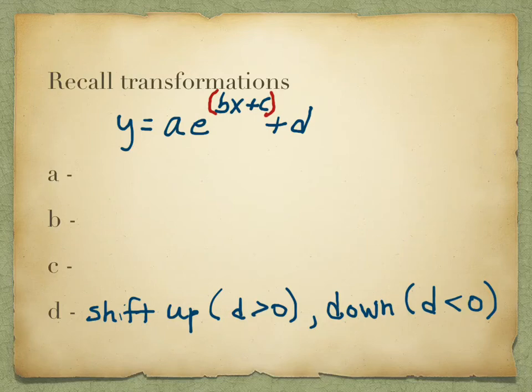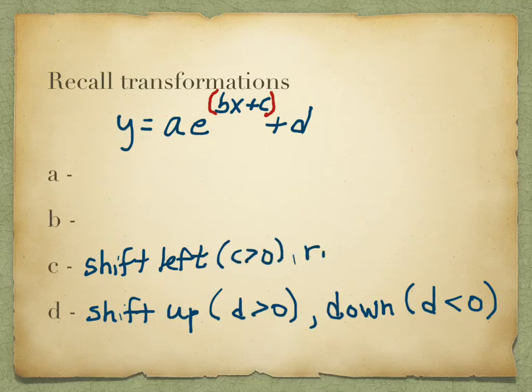It's going to go left or right, horizontally, right? It's affecting the x value, and x value is a left and right movement. So this one is a shift left or right. So when is it a shift left? When it's positive. Yes, it shifts it left when C is positive, and it shifts it right when C is negative. It's backwards inside.